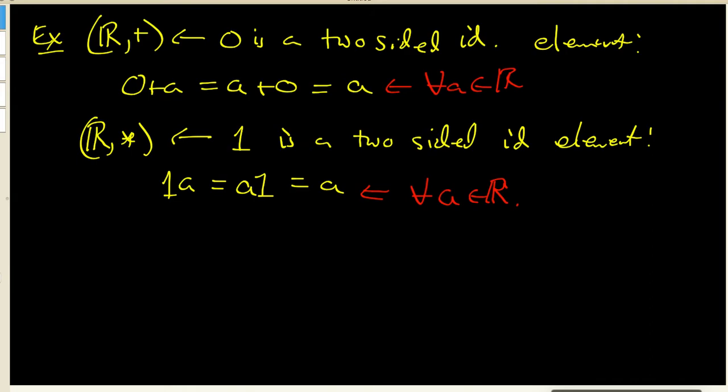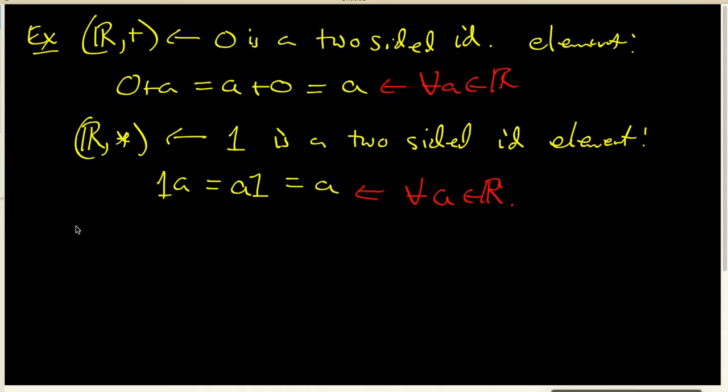So I kind of want to look at the symbolic way of writing an identity element.